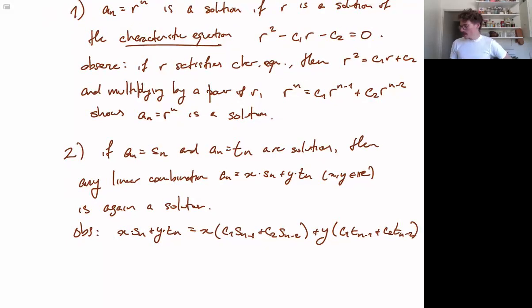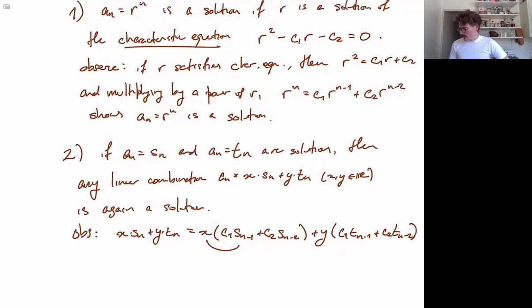And then rearranging this a little bit, basically when we distribute the x and distribute the y, we will get 4 different terms. And then we can collect these two terms and factor out the common c1, and then these two terms and factor out the common c2. So I'm going to do all those moves at the same time.